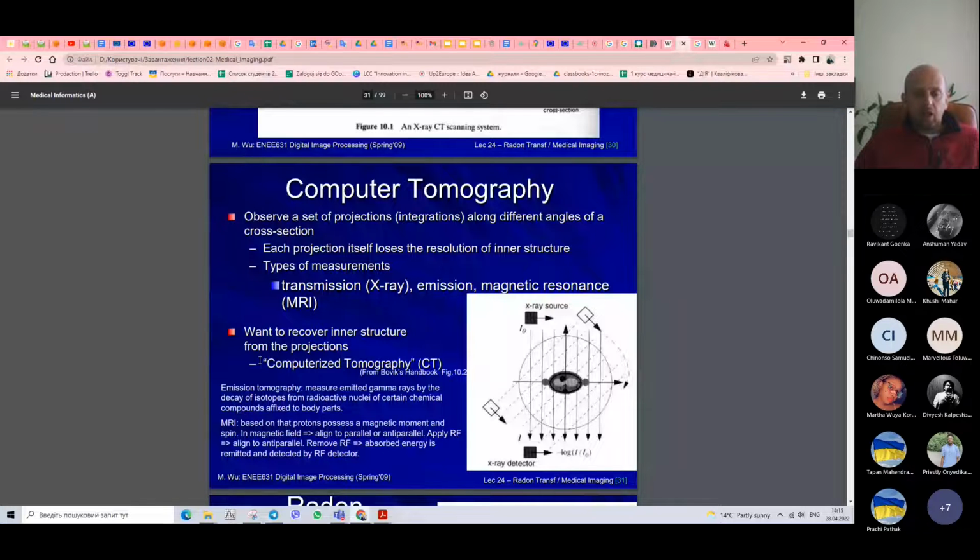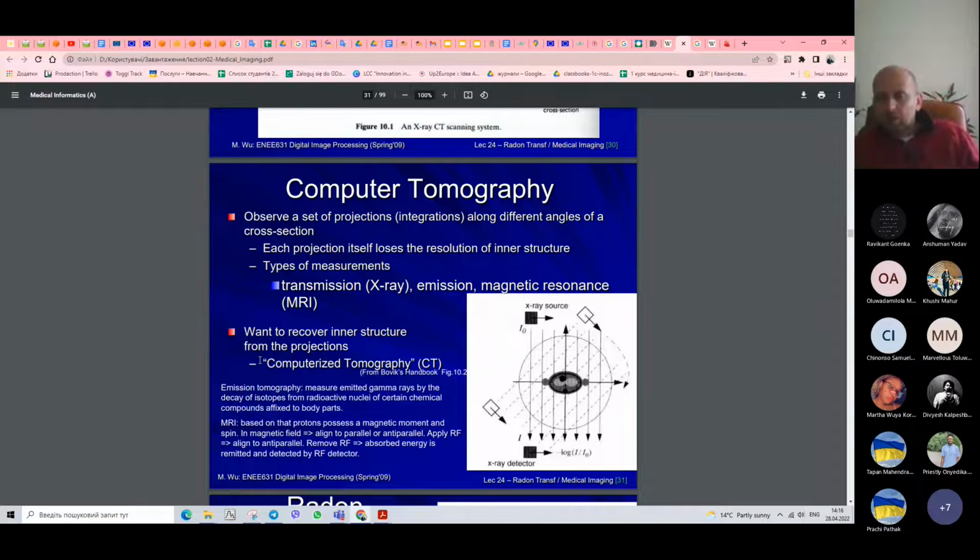Apply RF, which allows transition to anti-parallel; remove RF. Absorbed energy is emitted and detected by the RF detectors.